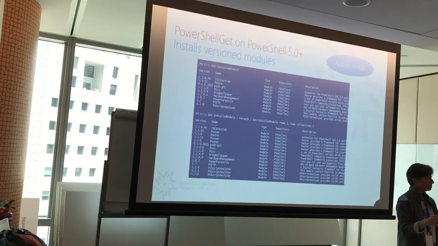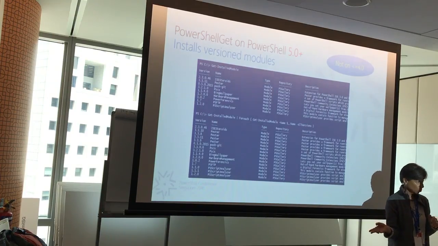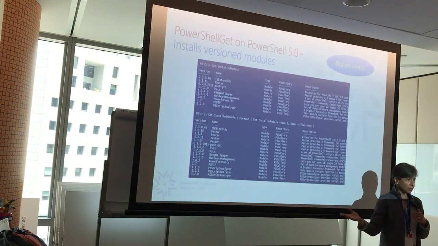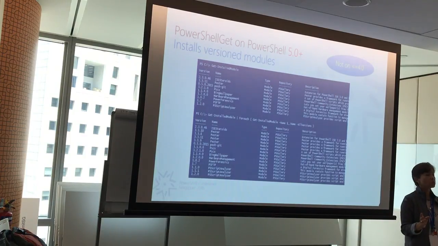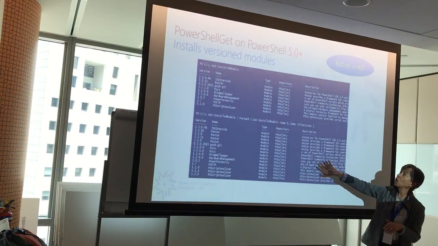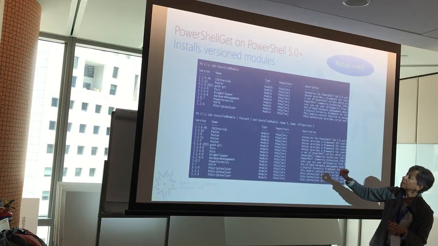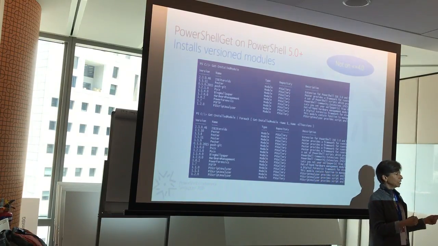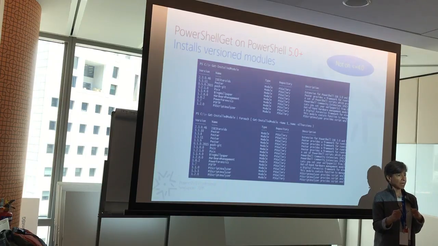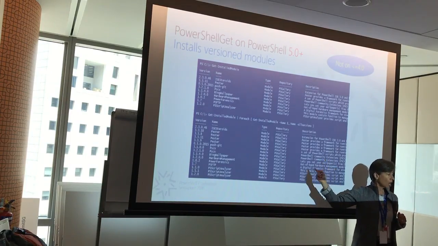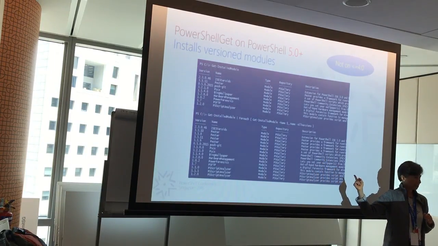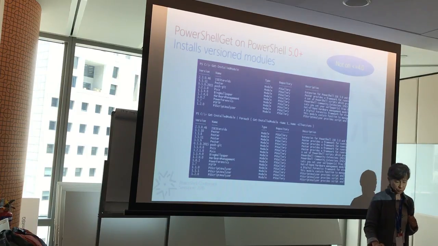So if it's in a path, in env:PSModulePath, and you run Get-Module on it, Get-Module will not find it. Import-Module will not import it. So on PowerShell 4 and earlier, the versions of PowerShellGet and PackageManagement do not deliver those version subdirectories, okay, so that the modules will work.